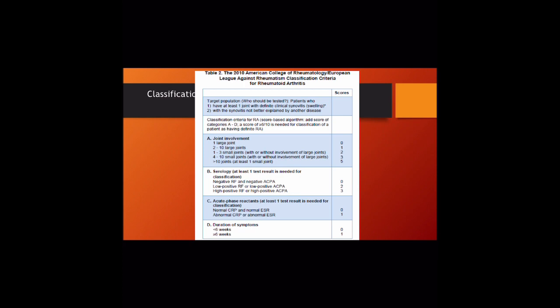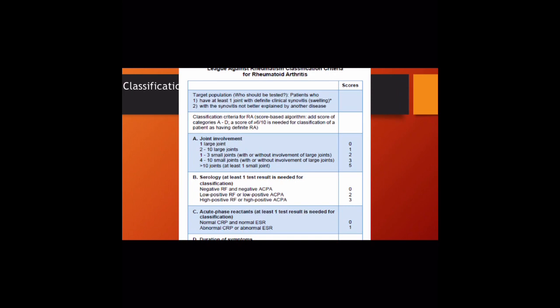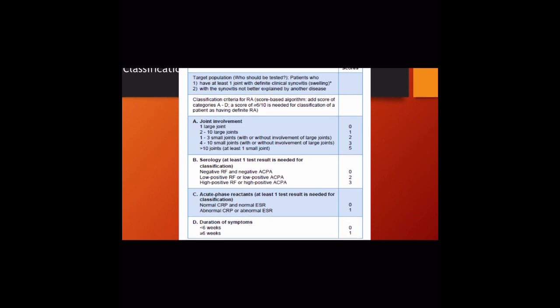This is the criteria, which is the ACR or EULAR criteria for rheumatoid arthritis. We need 6 points to confidently diagnose whether the patient is having rheumatoid arthritis or not. So if, let's say, more than 10 joints are involved, at least one small joint, you get 5 points. 4 to 10 small joints with or without large joints, you get 3 points.